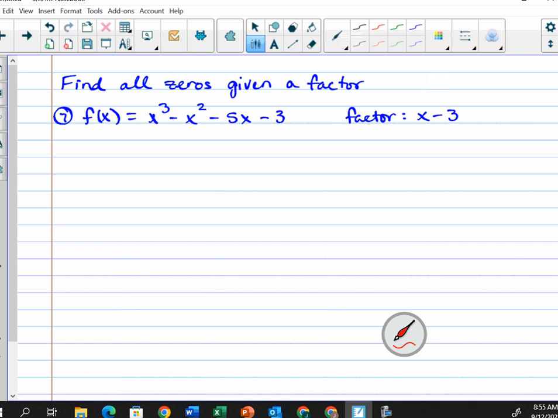So we should start with our synthetic division. So what goes on the outside? 3. And what should I expect to get at the end of my synthetic division here as a remainder? 0. Okay. So that's the first step.